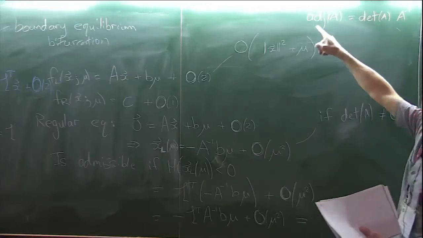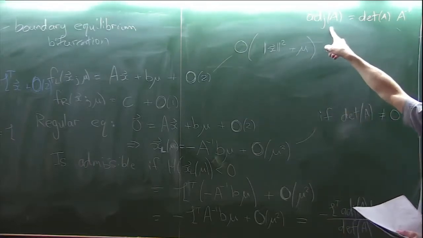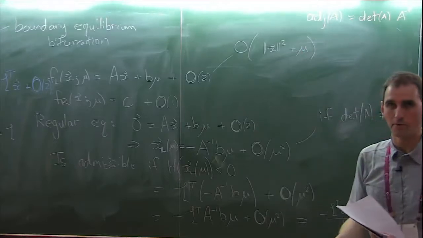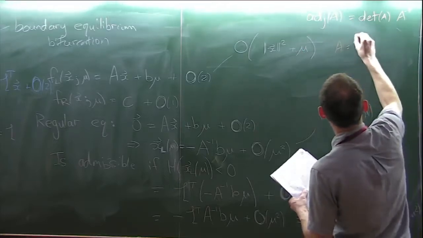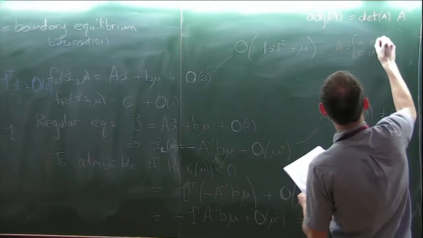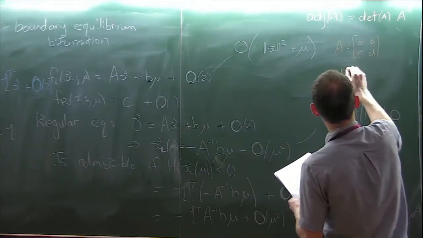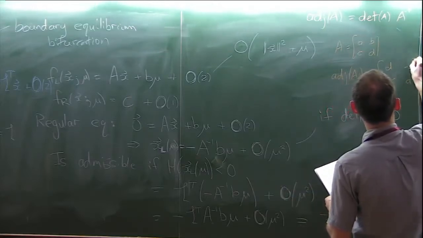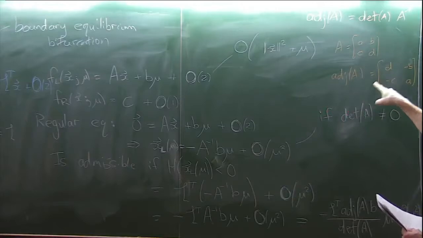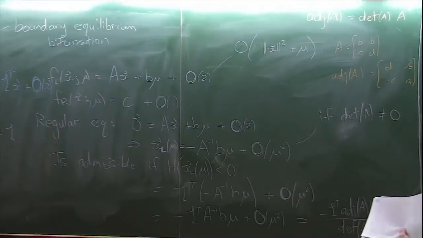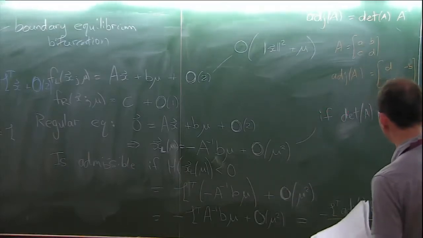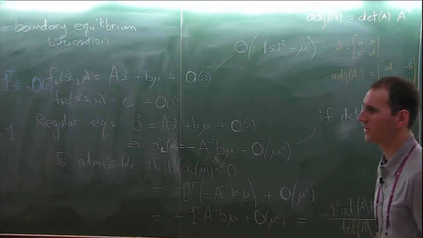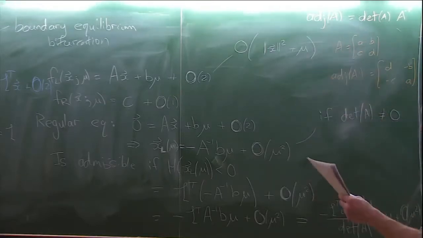But what's nice about the adjugate matrix is it's well defined even if A is not invertible. So for example, for a 2 by 2 matrix A with entries a, b, c, d, the adjugate of A is d, minus b, minus c, a. You recognize that from your formula for the inverse of a 2 by 2 matrix. I think that's all I need to say on the adjugate. In a tiny footnote in my notes, I gave the proper definition.